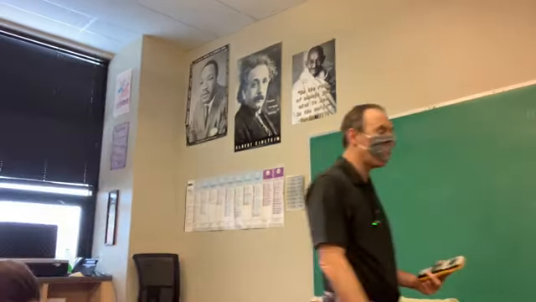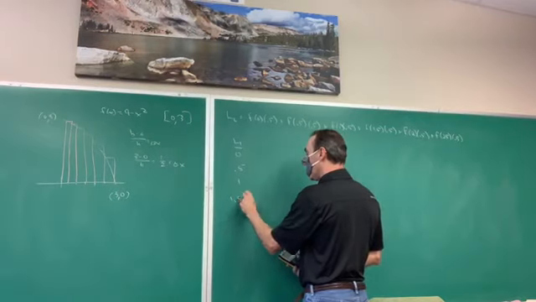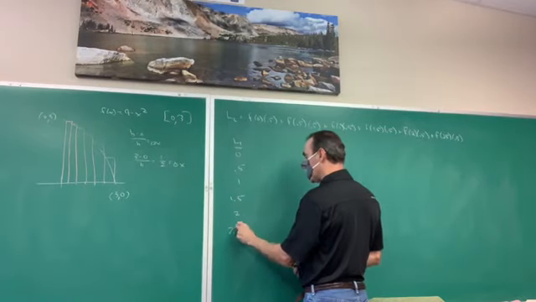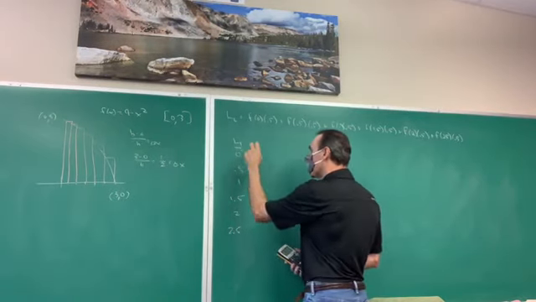Now, what we're going to put in L1 will vary as we do a left Riemann sum, right Riemann sum, midpoint Riemann sum, and so on. We're going to put in the x values that we're going to plug into the function. So we're going to put in 0, 0.5, 1, 1.5, 2, and 2.5. 1, 2, 3, 4, 5, 6.